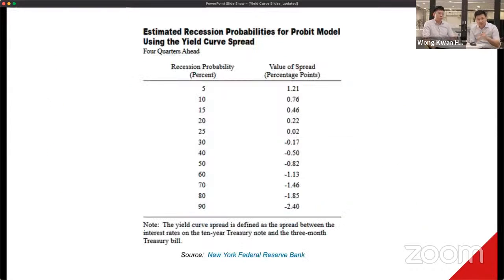Let's look at the chart here. It simply means that the more you go into the inversion, the more negative it is, the higher the probability of a recession happening in the next 4 quarters, or 1 year, pardon me.